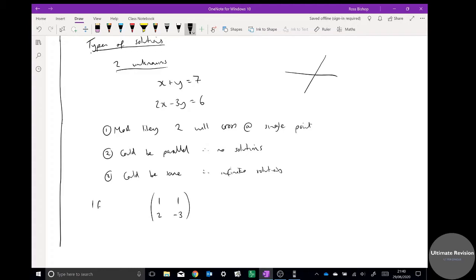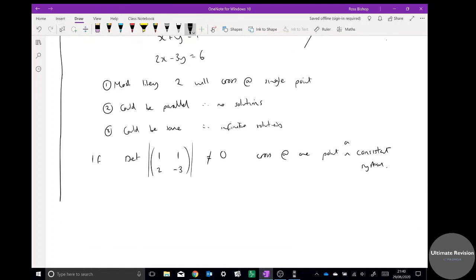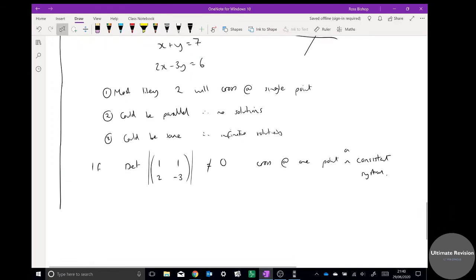If the determinant of that matrix does not equal 0, it will cross at one point. Okay, and we call that a consistent system. And that's the most likely case, isn't it? If you draw two random lines, it's most likely they're going to cross.